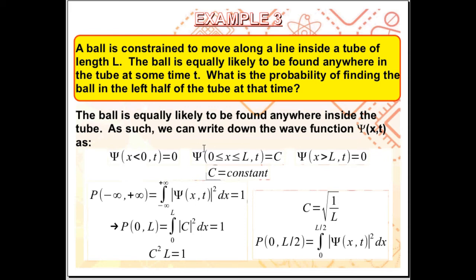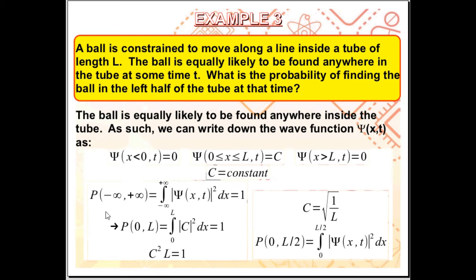We are only able to find the ball inside the tube, so the wave function of the ball from 0 to L is constant. Constant meaning equally likely to be found anywhere in the tube.